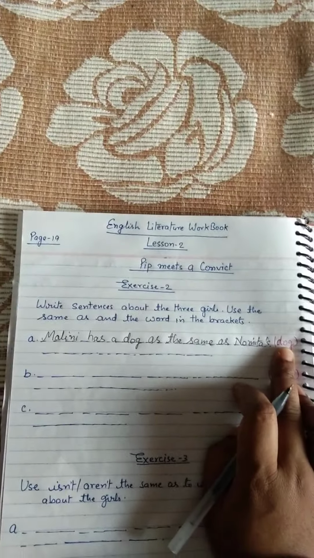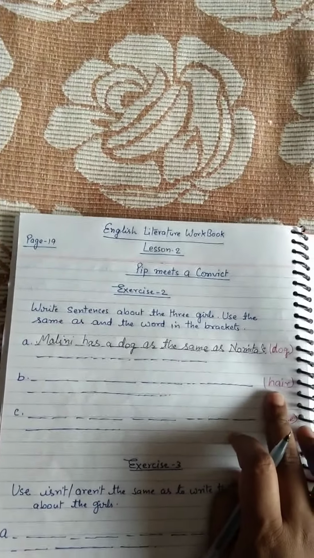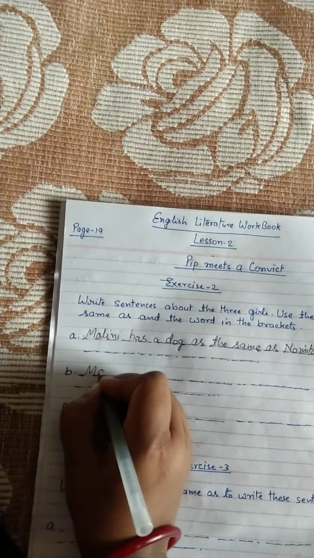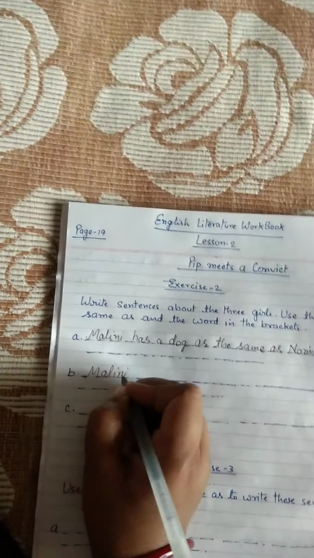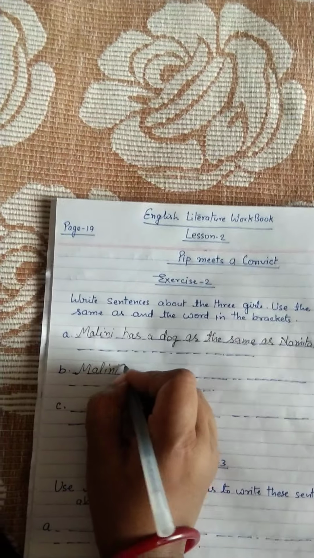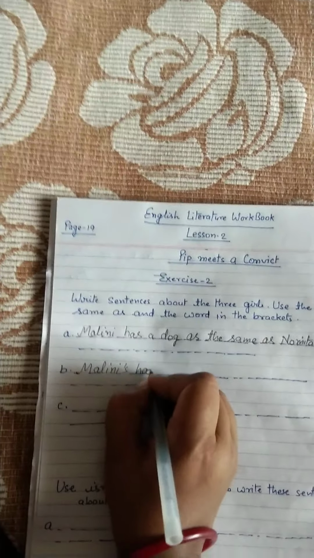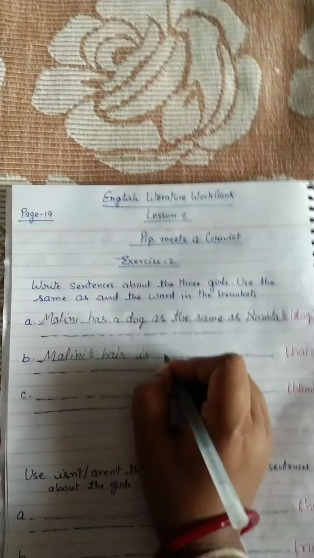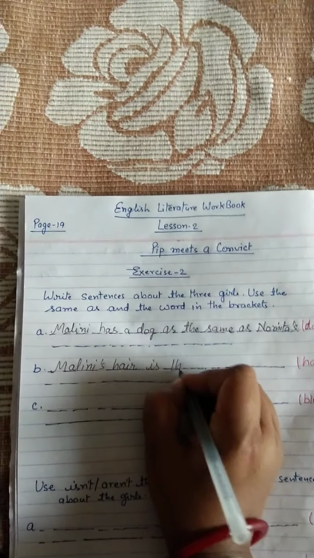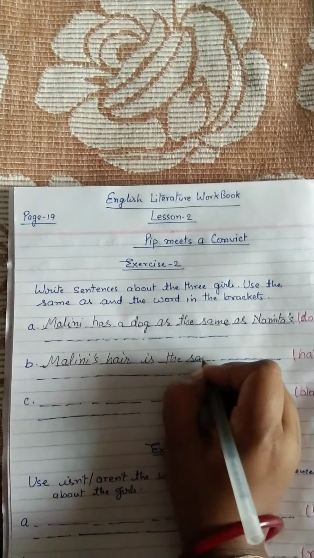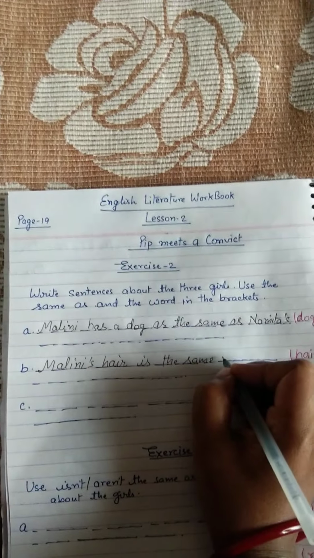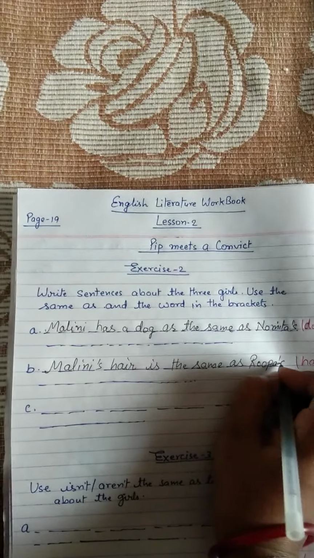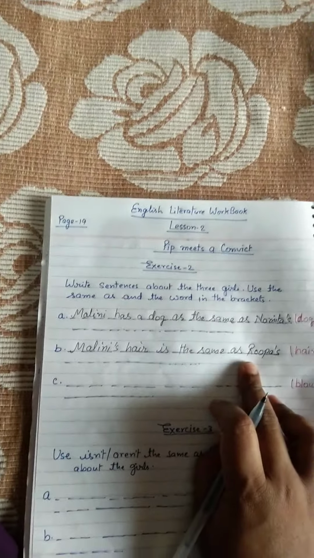Come to the second one. The second option is given, hair. So what can you write? Malini's hair is the same as Rupa's. You have to fill it in with the help of a pencil like this in your book also.